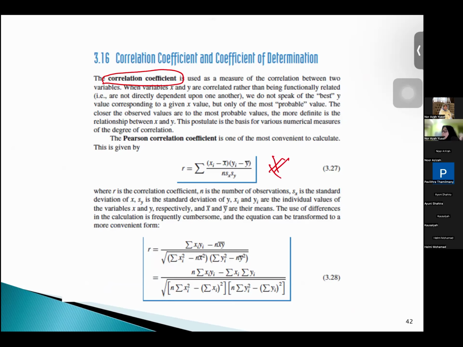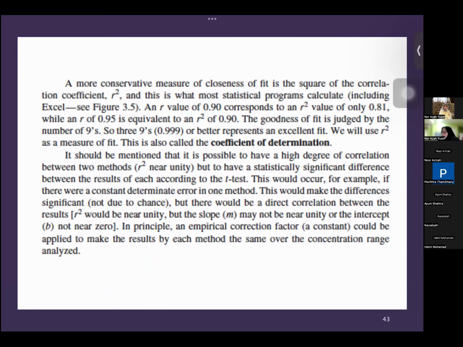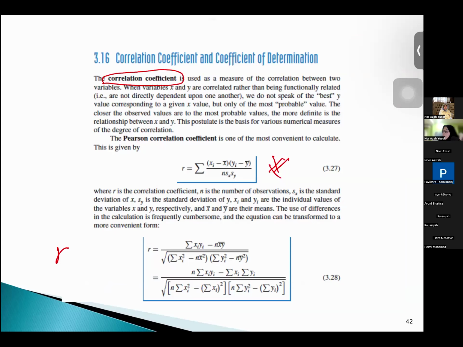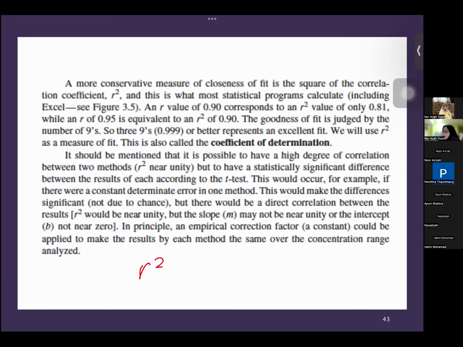And let's say we have r squared. Just now it's r, and then r squared is the coefficient of determination. I think both can show the correlation, whether it's the correlation coefficient or the coefficient of determination.